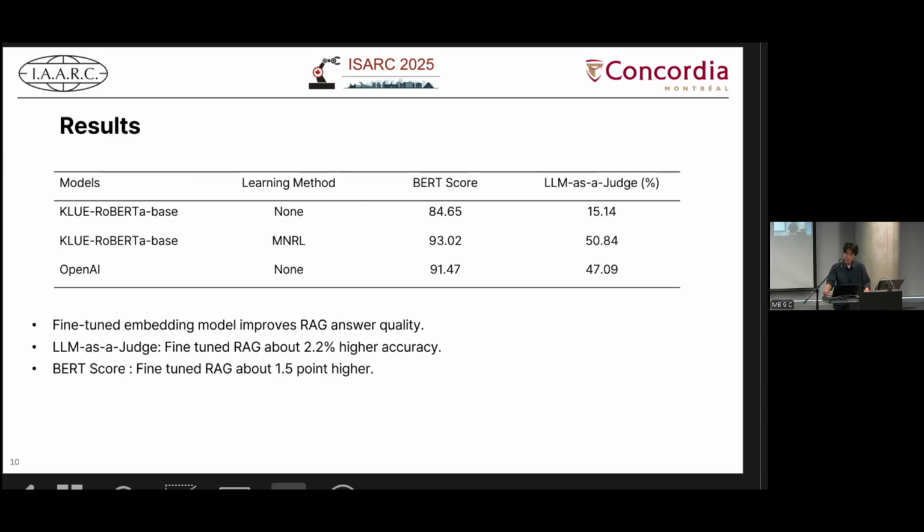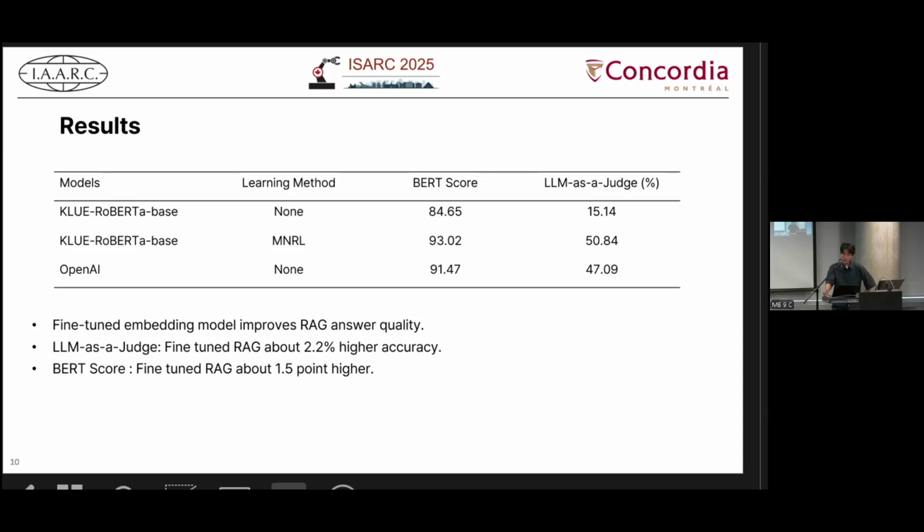In addition, we also tested how the retrieval result affected the final answer generated by the LLM. Our proposed method improved the quality of final answers in the RAG pipeline. We evaluated the answer quality using two metrics, LLM-as-a-judge and BERTScore. In LLM-as-a-judge, a language model evaluates whether the generated answer is correct.